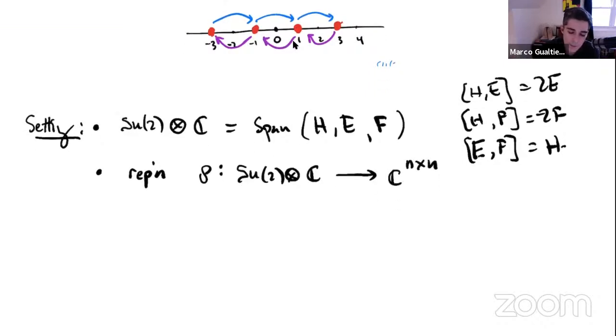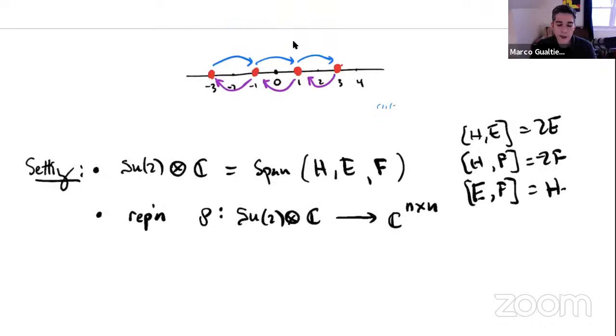That means that in order to define a representation, I need to tell you where H is sent, where E is sent, and where F is sent. They will all be sent to n by n matrices, and that will define, from a Lie algebra point of view, the representation.